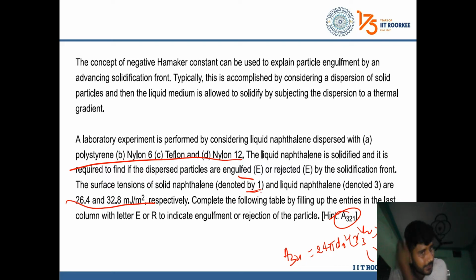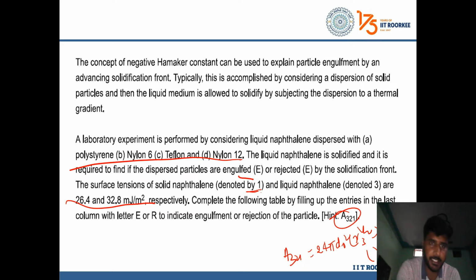Don't worry, you can see it in the particular session. The gamma 2 values are given here for different dispersion media. So you can see the sign of the resultant Hamaker constant, and based on that sign you can see whether there is particle engulfment or rejection.